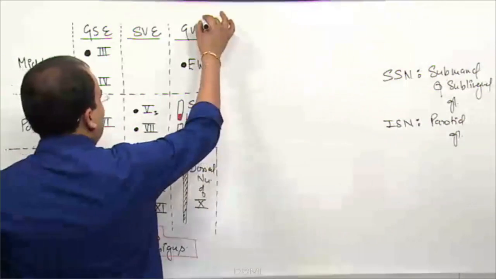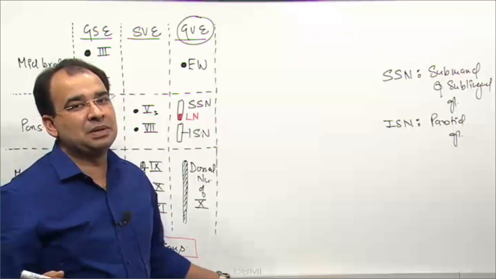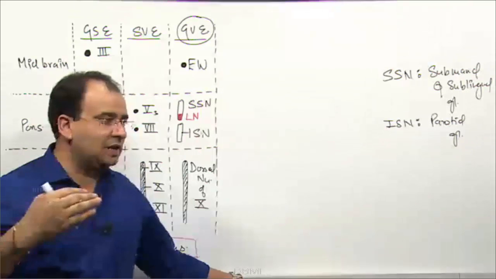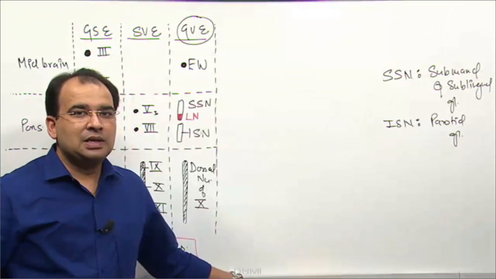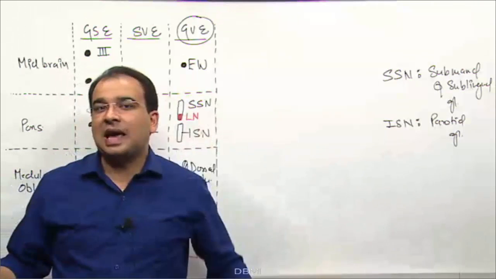So guys, the GVE column also tells you how many cranial nerves are parasympathetic nerves. Now when we say parasympathetic outflow, you say it is craniosacral outflow. Sympathetic outflow is thoracolumbar outflow. What is the meaning of craniosacral outflow?